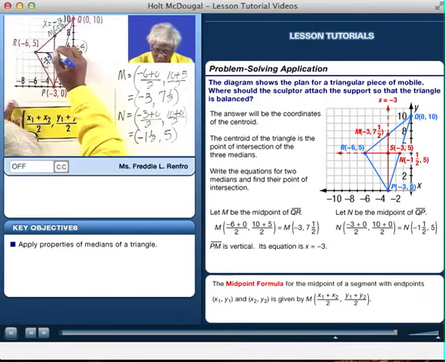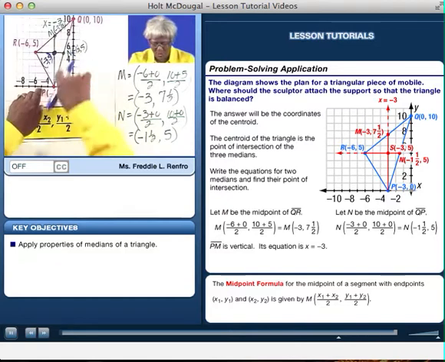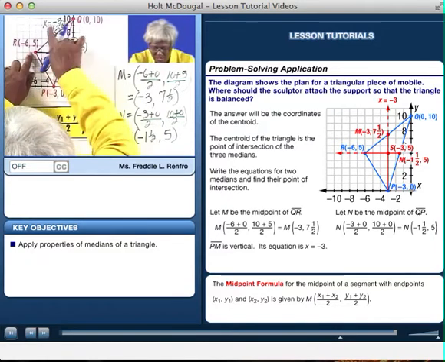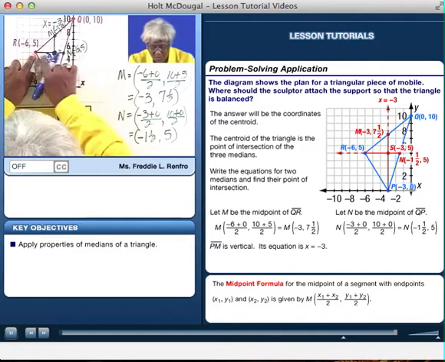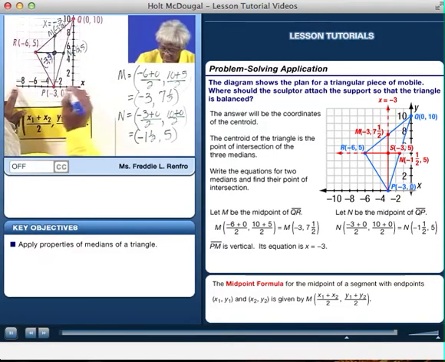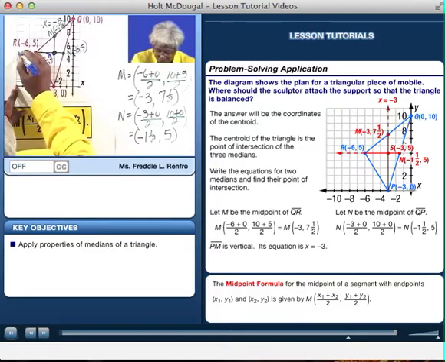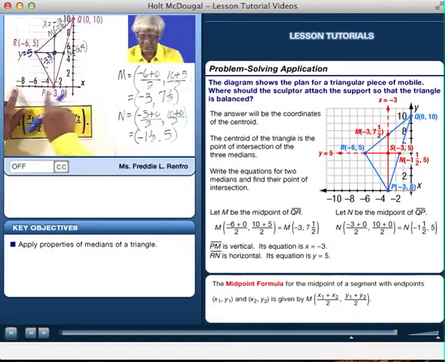That's the point of intersection. And recall, since I wrote the equation of this line, what's the equation of this line? The equation of this horizontal line parallel to the x-axis is y equals 5. Okay?